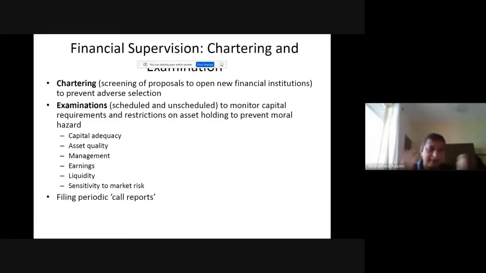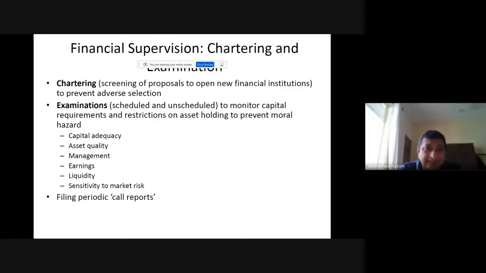There are various packages and models available, but these are not names for you to kind of, just to have a picture. But interestingly, these examinations, these are scheduled, unscheduled, for the purposes of requiring monitoring the capital, assets qualities, whether these agencies take moral hazard, right? So this is examination.